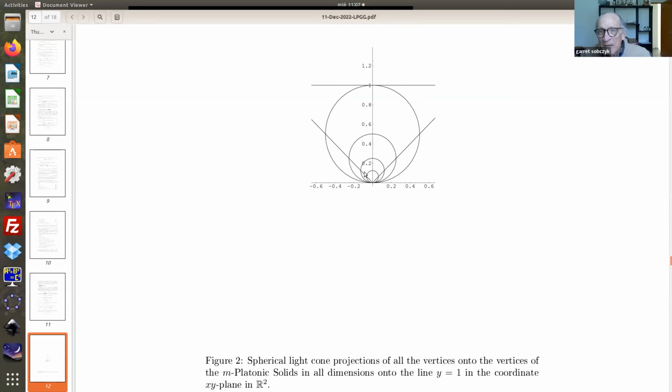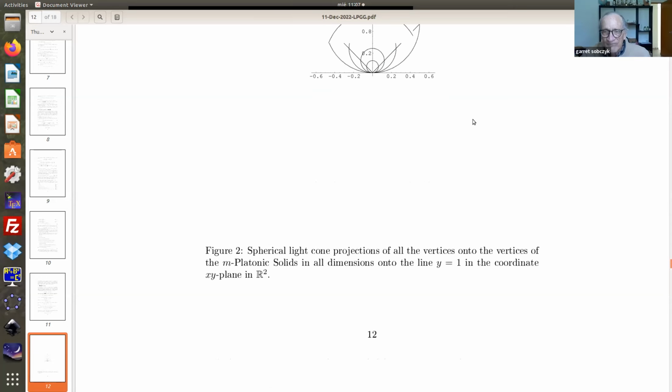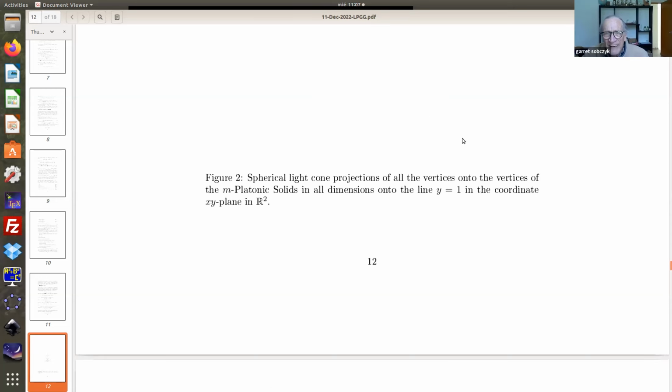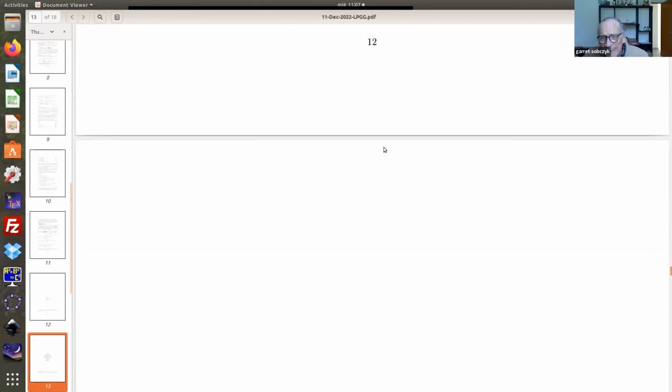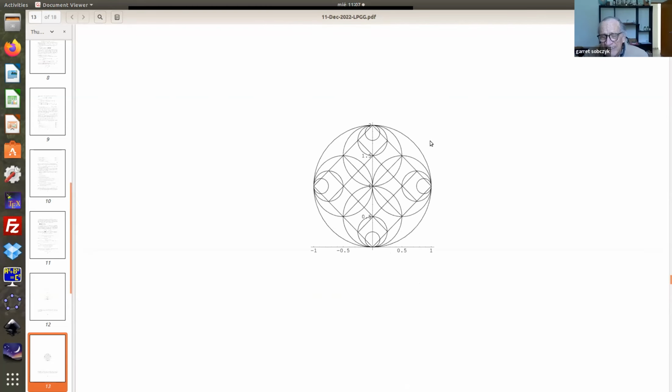We can think about projecting these circles onto the line at y equal to 1 in R2. Well, that's the main idea. I'm trying to relate it to platonic solids, but maybe I shouldn't have even published this preprint, because the ideas are pretty rough.